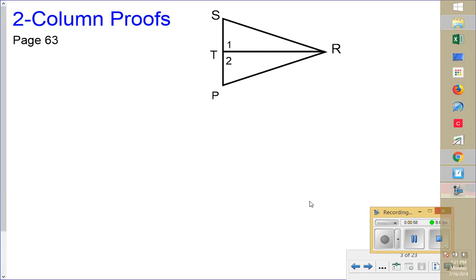I'd like you to think of a two-column proof very similar to how you would think of giving directions to a toddler for how to do something, like let's say making a peanut butter and jelly sandwich. You probably would say something like, I would start by gathering all the ingredients.